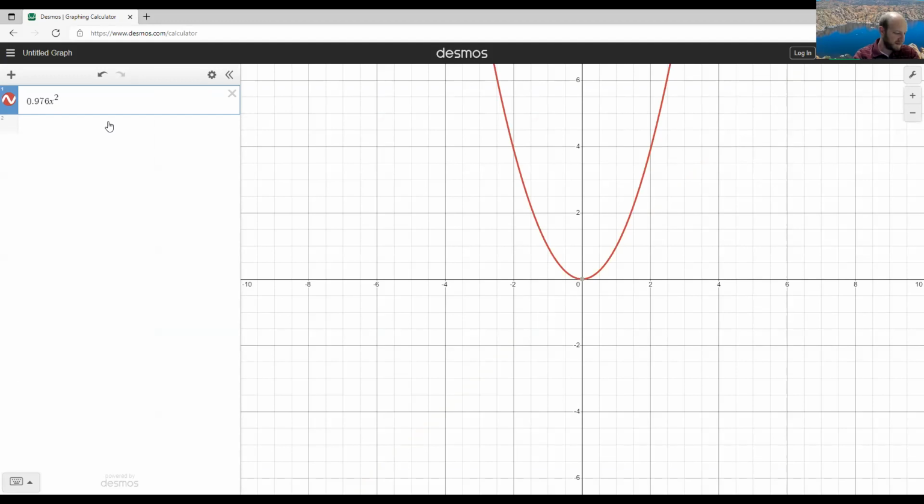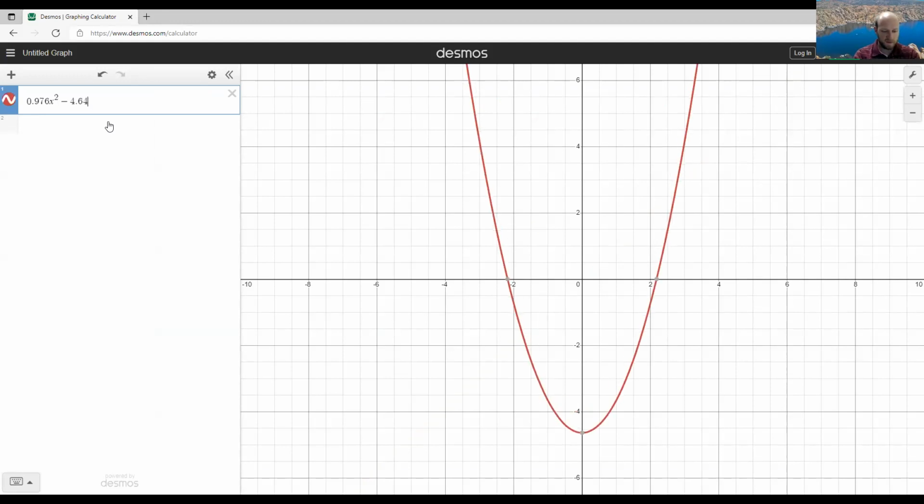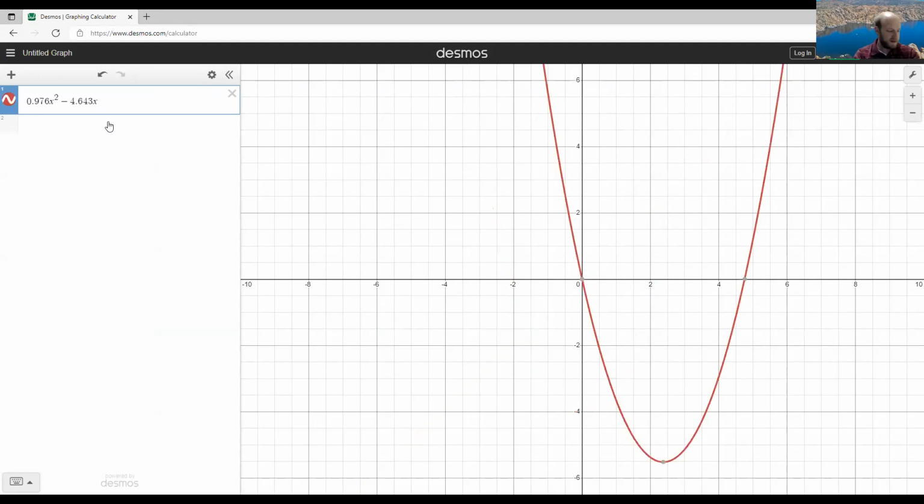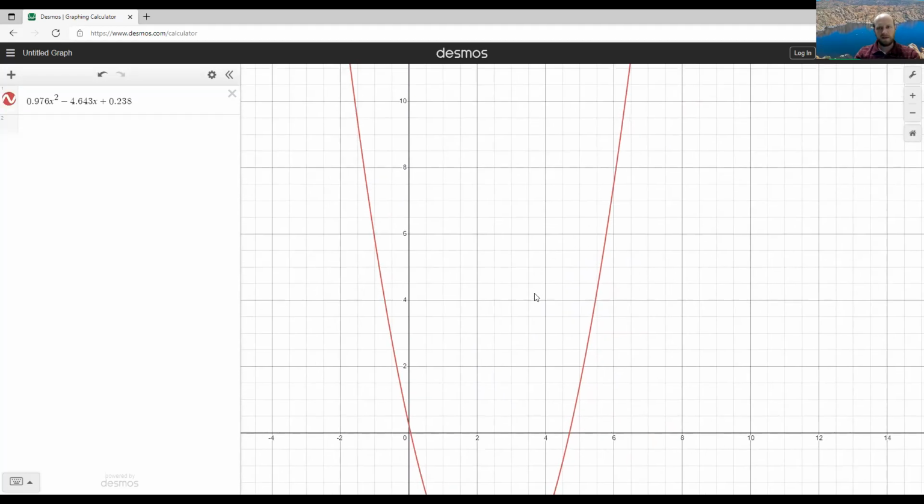It's a parabola, of course, because it's an x squared, minus 4.643x, and then plus 0.238.